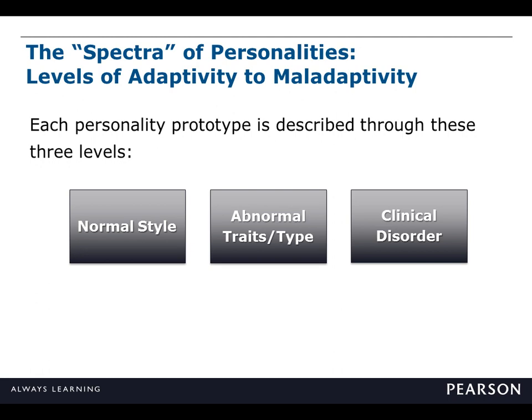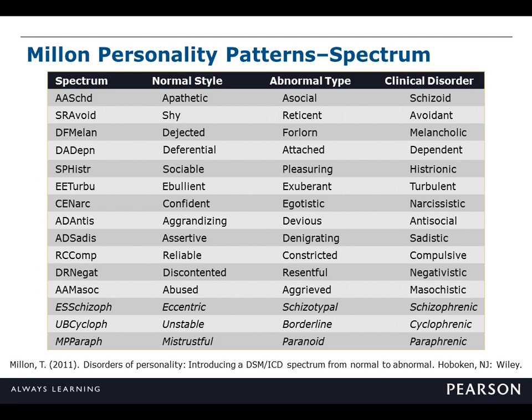And as of right now, what we're still using in terms of the terminology is the DSM-5 terminology, which puts it into categories. That's its own debate in a lot of ways, but it's what we do tend to use right now. But in an effort to make it a little less categorical and a little bit more along the lines of dimensions, Dr. Millon, in his last theory book, spelled out a spectrum that represents these three different levels. And that is also represented on the MCMI as well.